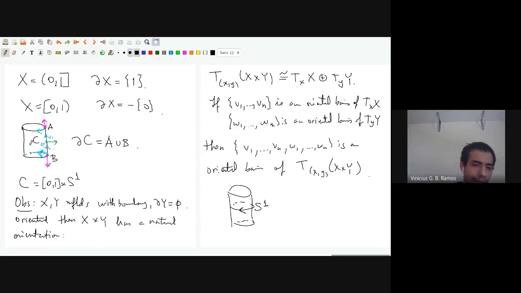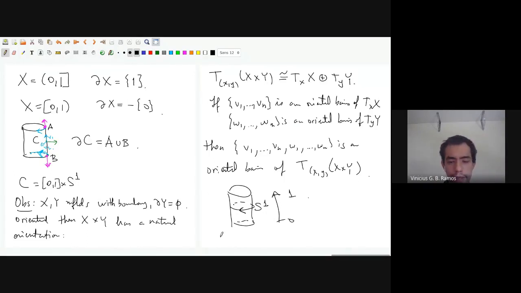And you see that the orientation that I chose here in blue is exactly the induced orientation from the product. On the first factor, my [0, 1] is vertical. So the first vector is V1 coming from [0, 1], and the second vector is coming from the orientation of S1. So that orients my C.